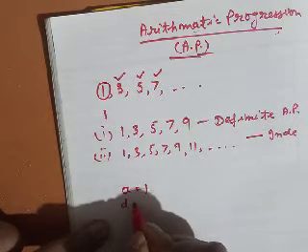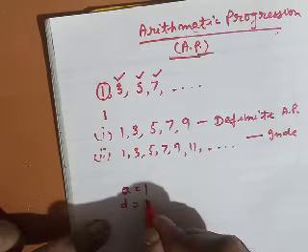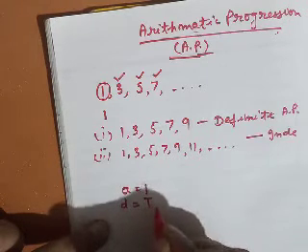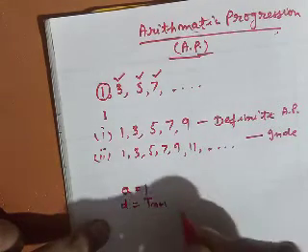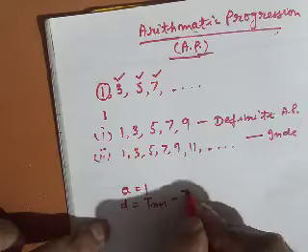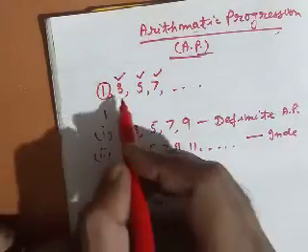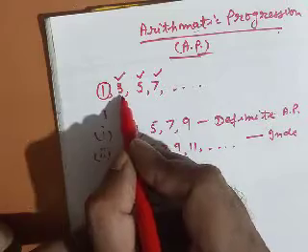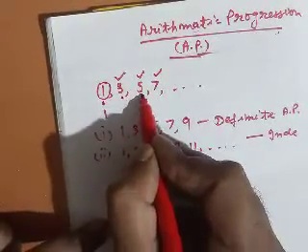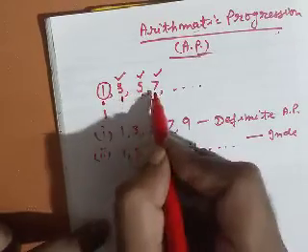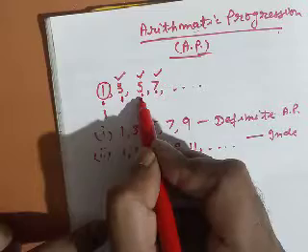The formula of small d is t(n+1) minus t(n), meaning second term minus first term, or third term minus second term, or fourth term minus third term.